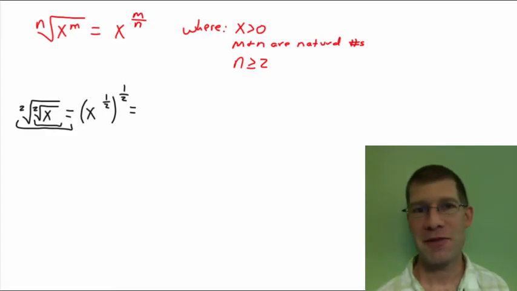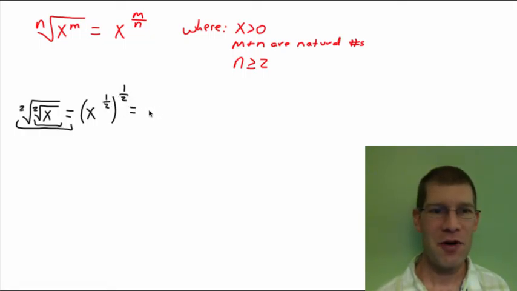And if you think back to chapter 7, now how do you combine your two exponents? You multiply. And multiplying fractions is the same as just extending the fraction line. Multiply the numerators, multiply the denominators. So 1 times 1 gives us 1. 2 times 2 gives us 4. So x to the 1/4 power.